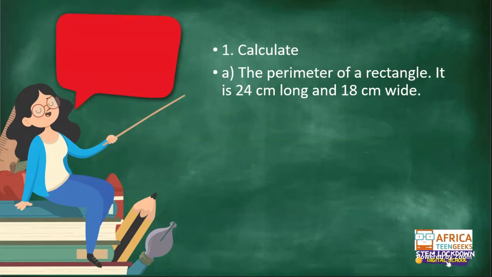So it's very important to remember that the area is equal to the length times the breadth. That will be 24 times 18. So you multiply 24 by 18 to get the area of the rectangle. This is something that we have already learned. And as Amo said, the answer will be 432. Thank you very much indeed, Amo.